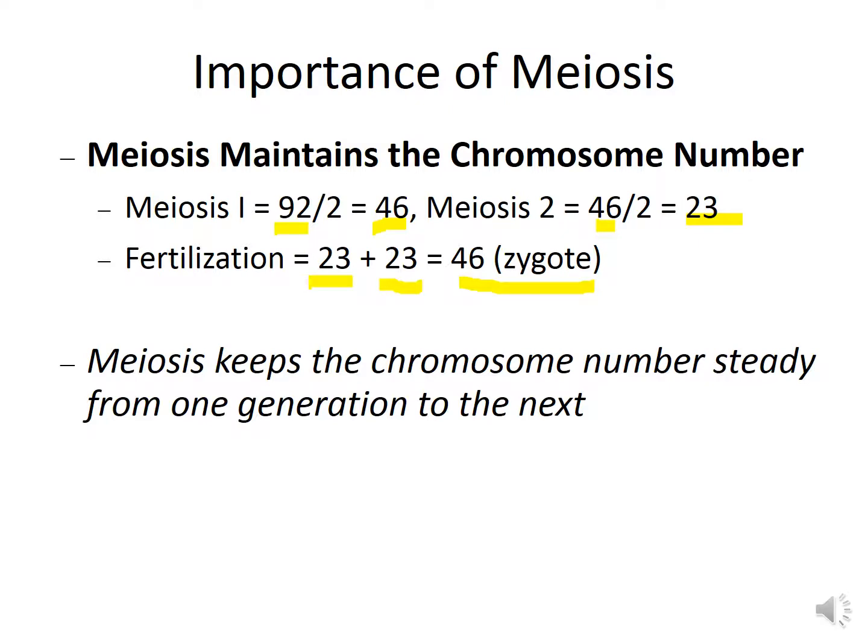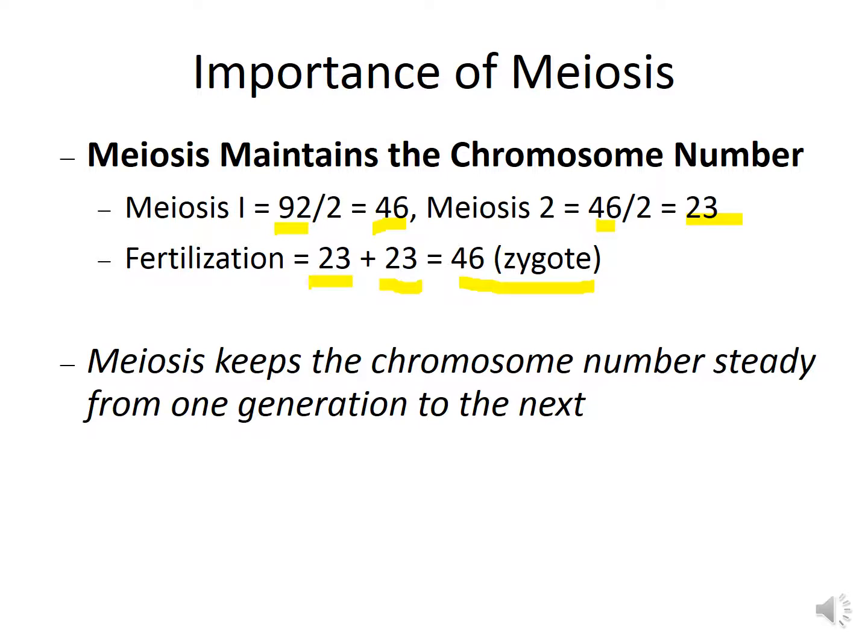Let's think about what would happen if we used maybe mitosis instead of meiosis for making gametes. If in mitosis we started out with a diploid cell with 46 chromosomes, we would end up with a gamete with 46 chromosomes, twice as much.